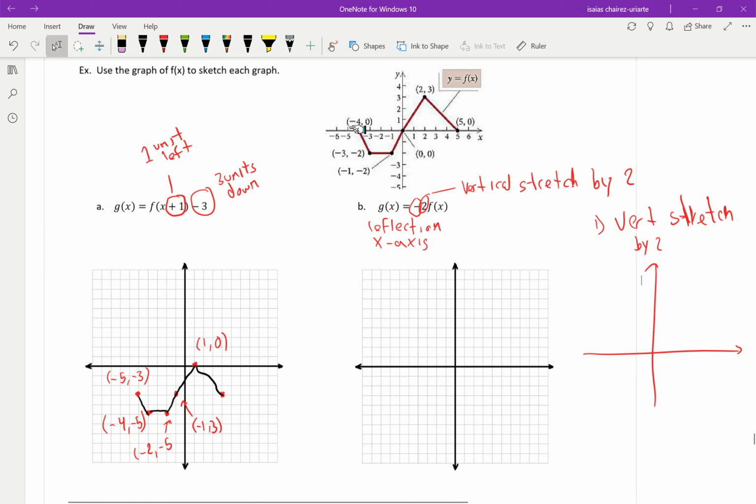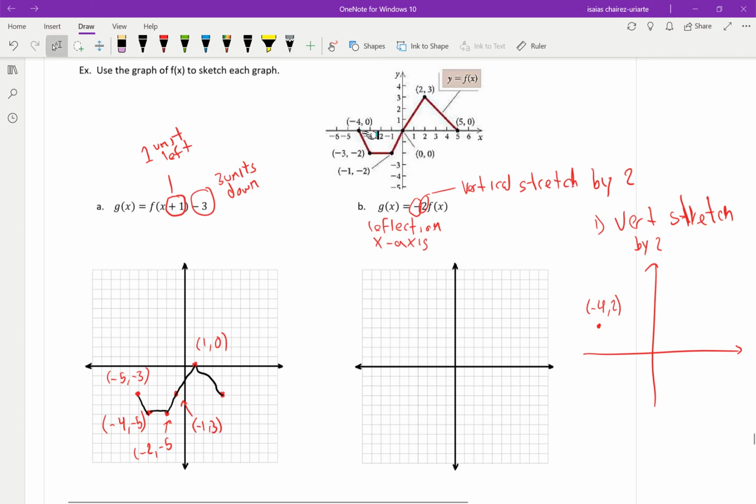Okay, so let me think about this point, negative 4 comma 0. Since it got stretched vertically, now that point should be negative 4 comma 2. This other point should be negative 3 comma negative 4. So let's see, I'm going to try to sketch it. So now I have negative 4 comma 2 because it got stretched vertically by 2.